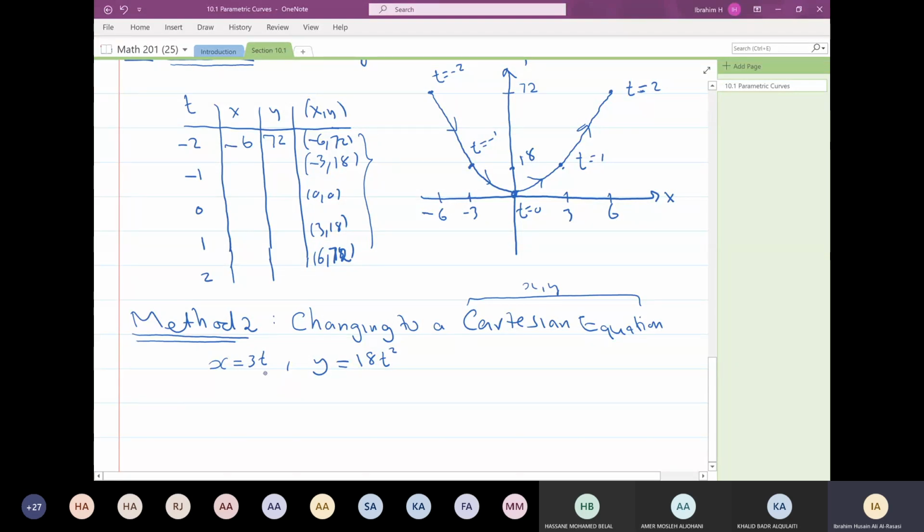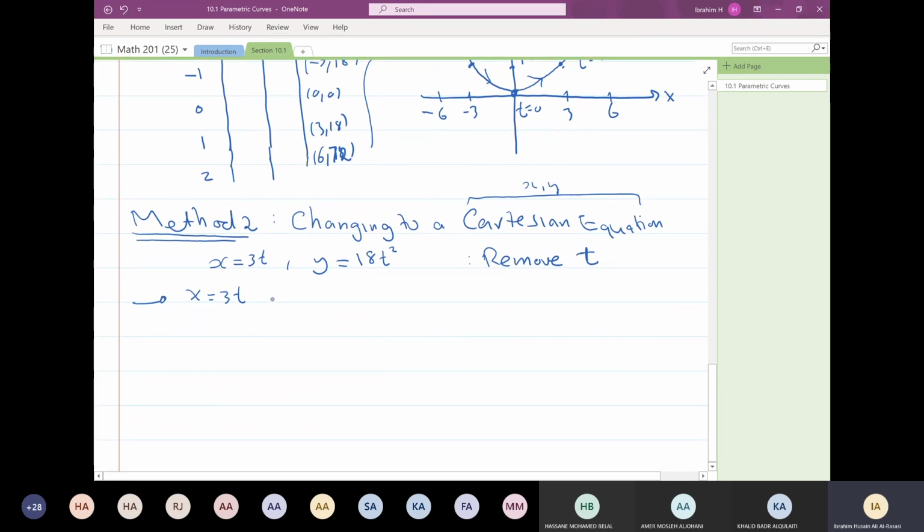How? I have to remove the parameter t. In x equals 3t, y equals 18t squared, I need to change them to an equation in x and y only. Then I have to remove t. How? You start with the first equation, x equals 3t. Solve for t. T equals x over 3.